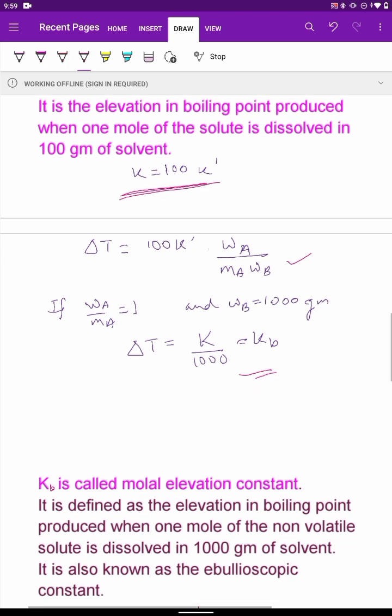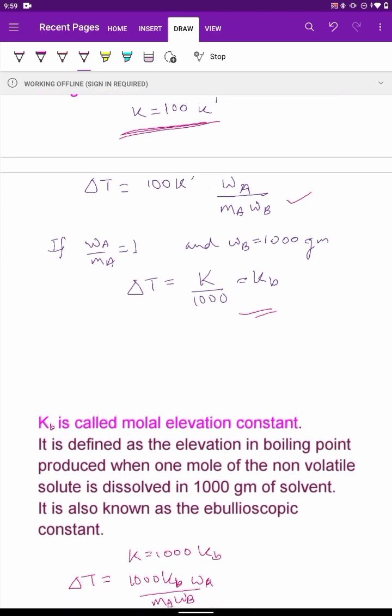The molar elevation constant is the elevation in boiling point when 1 mole of the non-volatile solute is dissolved in 1000 grams of solvent. Here we are taking 1000 grams of solvent. This constant is also known as the ebullioscopic constant.